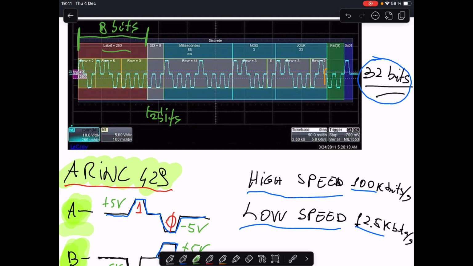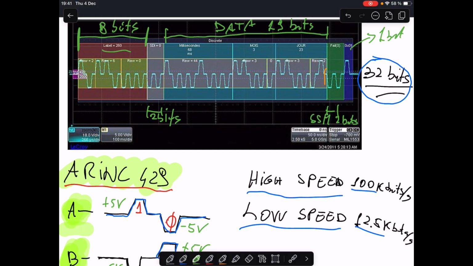Then the word itself, the data, which consists of 19 bits, then the SSM, 2 bits, and the parity, which is 1 bit. The parity must be odd.